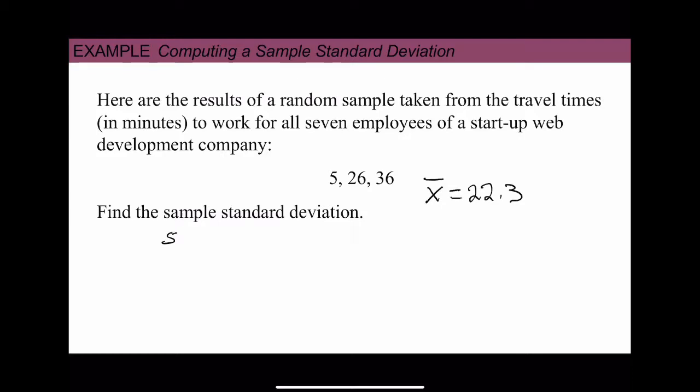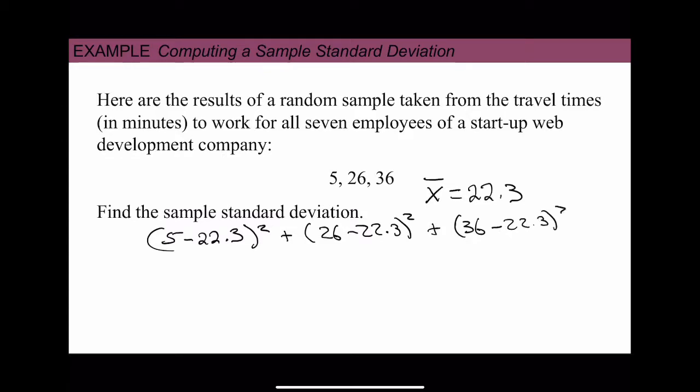So I'll do 5 minus 22.3 squared plus 26 minus 22.3 squared plus 36 minus 22.3 squared. So 5 minus 22.3 is negative 17.3 squared. That's 299.29.